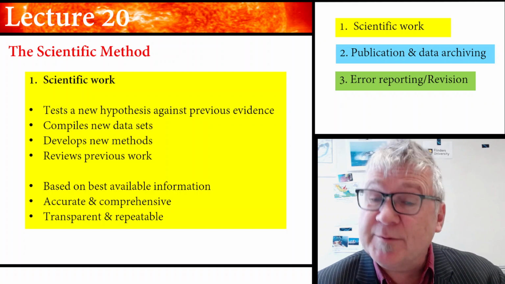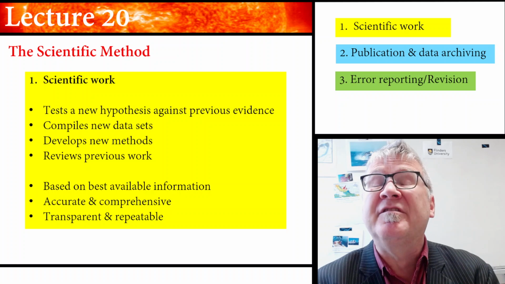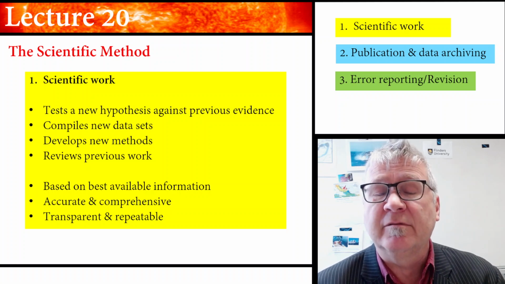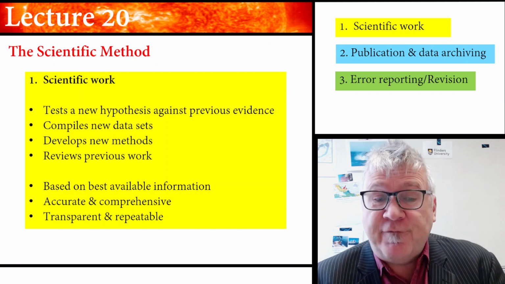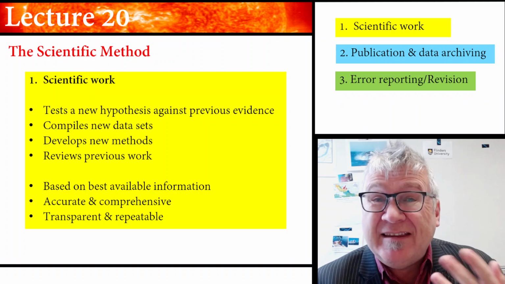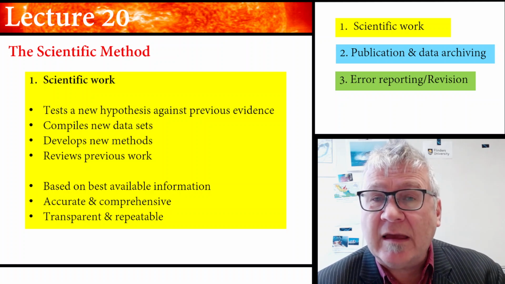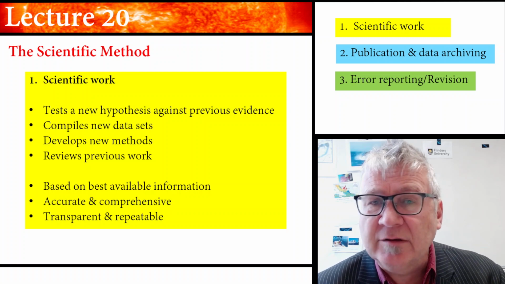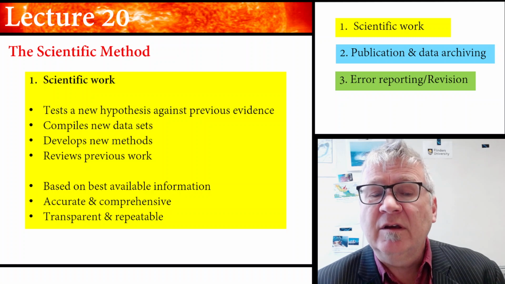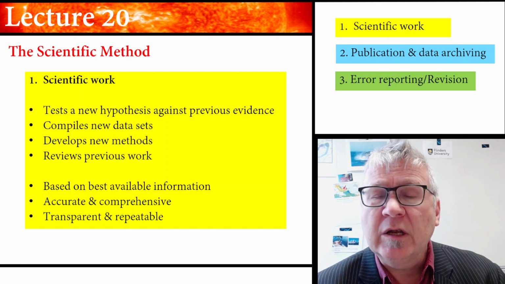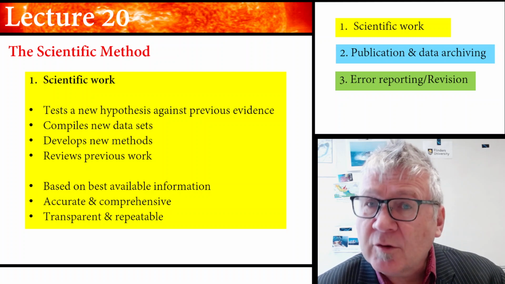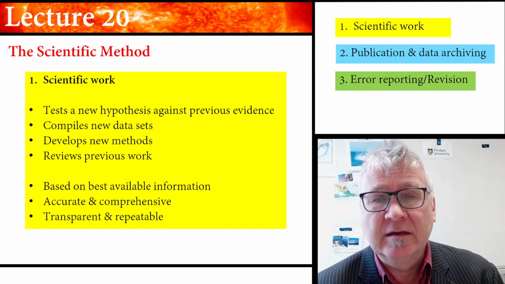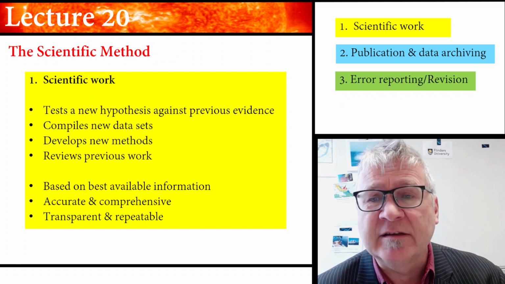It has to be transparent, and transparency is an extremely important principle of the scientific method, and therefore repeatable. So anybody else using the same data, using the same method, should come to the same conclusion. And that transparency is one of the key aspects of the scientific method.